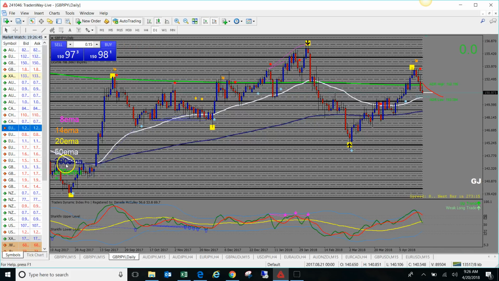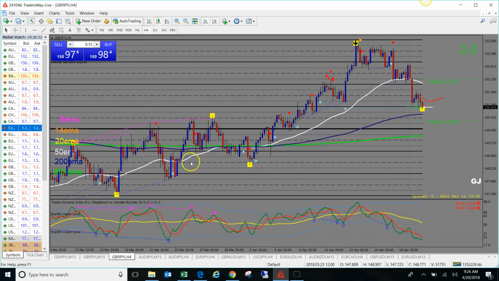So the 50 and the 200, like I said, some traders just use those two MAs. To me, I think it's more of a long-term trade because it is going to tell you when the trend is changing.